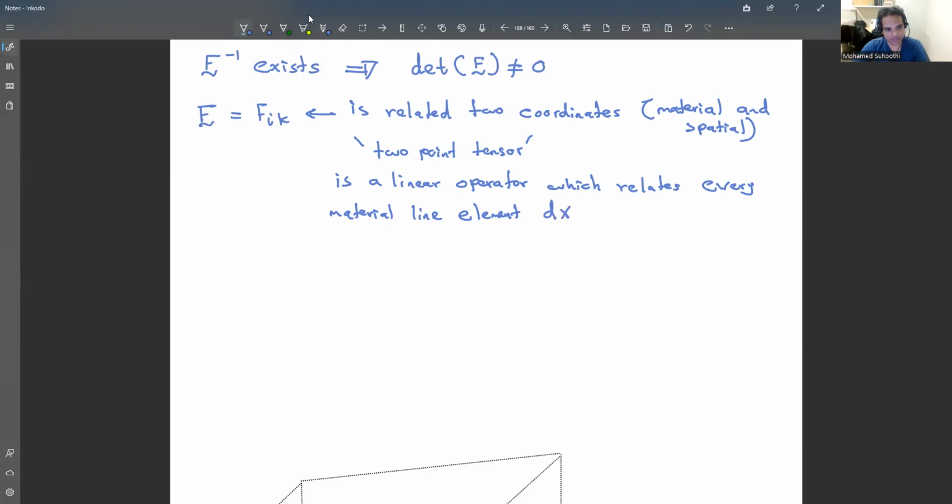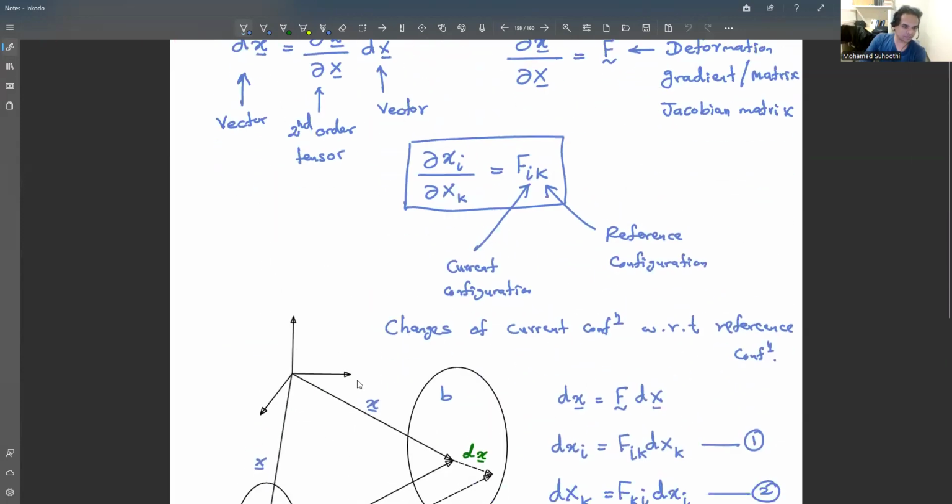The line element dX in the reference configuration we have taken as capital B, and the corresponding dx in the current configuration as small b.